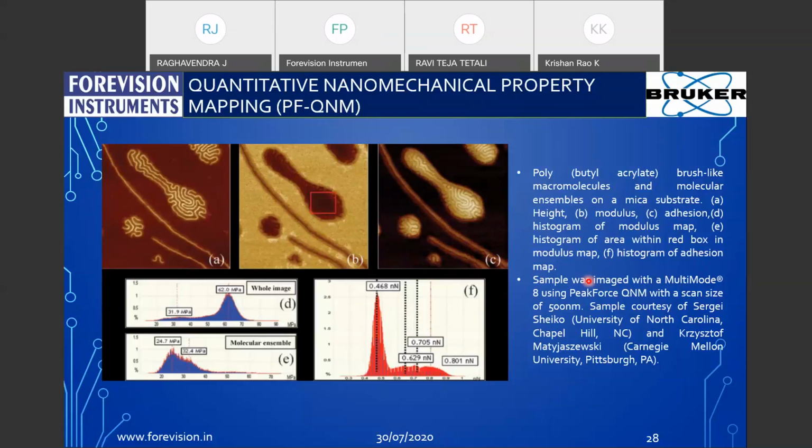Here you can clearly resolve features which are very near, like 24.7 megapascal and 32.4 megapascal, with peak force QNM. So this lets users resolve smaller moduli differences inside their samples and get more information from the sample.